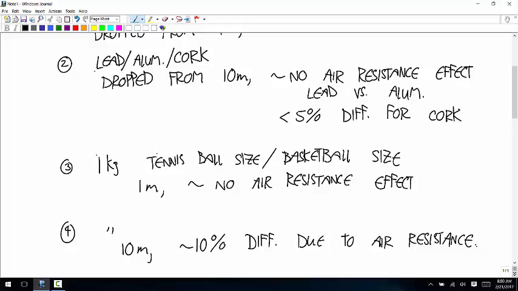But basically, the questions I'm going to ask are going to boil down to the fact that there wasn't much difference for those. You have to get things to a higher speed than that if you're going to make those kinds of changes in density, those kinds of changes in radius, in order to see a big difference due to air resistance. Any questions about that particular thing? Okay, so that's kind of lab 2 in a nutshell.